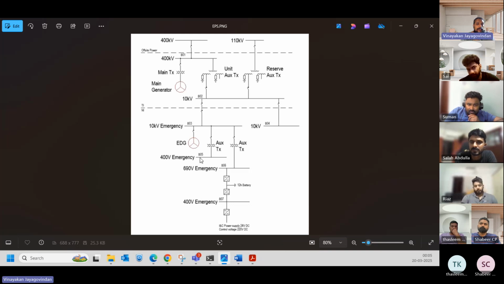As we can see, the main component of this emergency supply system is the emergency diesel generator. It is considered the primary backup for extended power outages.